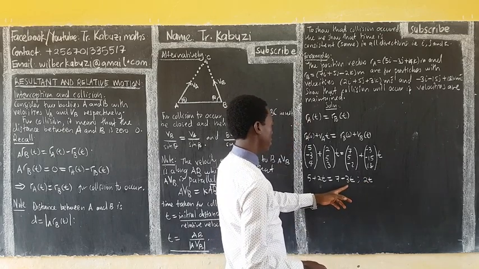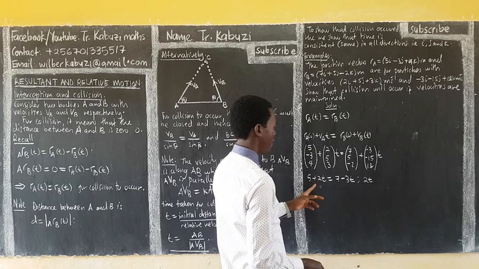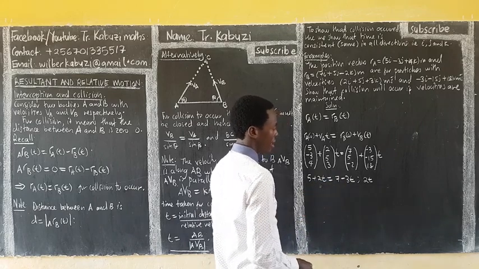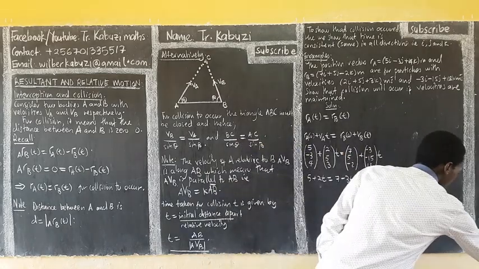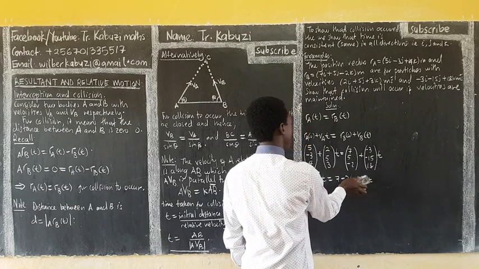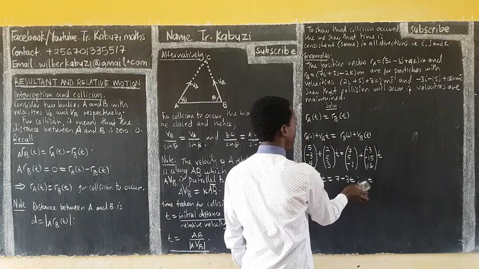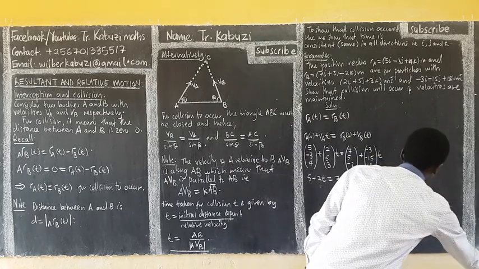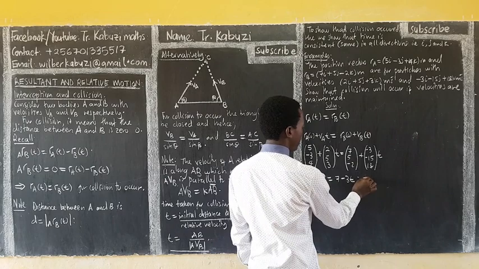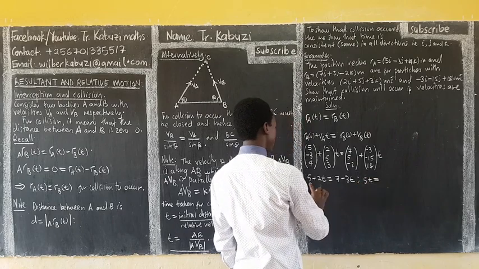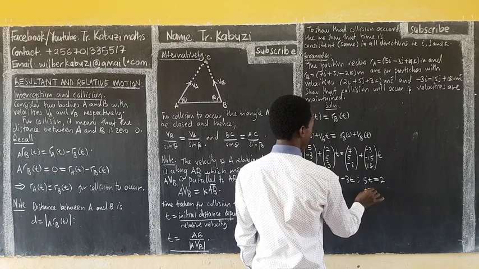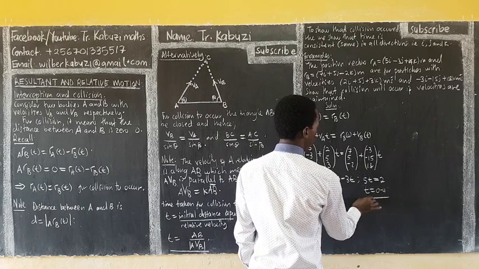When I bring this side, I'll be having 5t equaling 2. So from there, t is going to be 0.4.